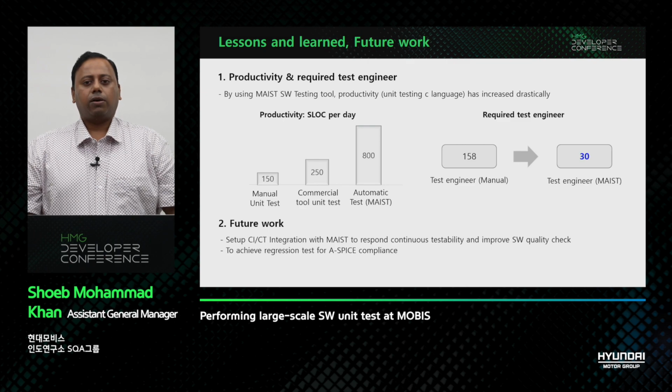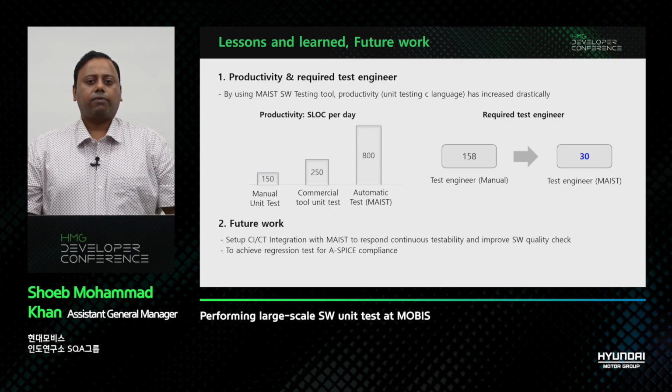To provide a concrete comparison, to test 4.2 million lines of code, we would require 150 test engineers for manual software unit testing. However, with the adoption of MICE as our software testing tool, we would require only 30 test engineers to accomplish the same testing objectives.